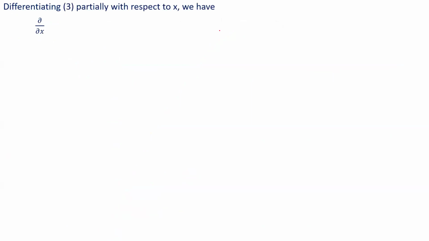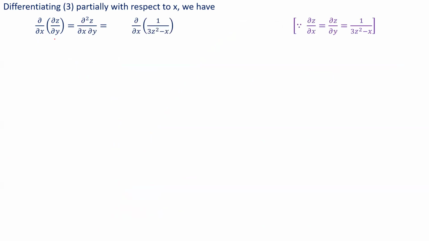So differentiating 3 partially with respect to x, we have the partial derivative with respect to x of del z del y, which is equal to del 2z del x del y, which is equal to del x of 1 upon 3z square minus x, because del z del y is 1 upon 3z square minus x.